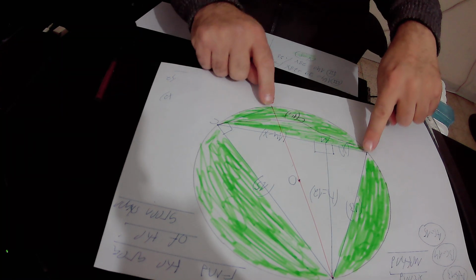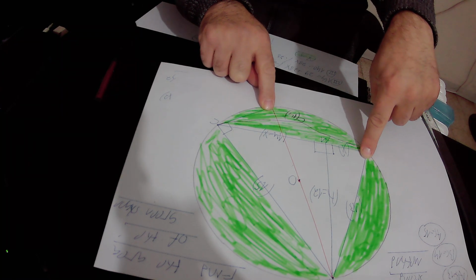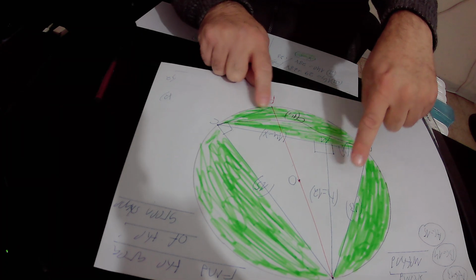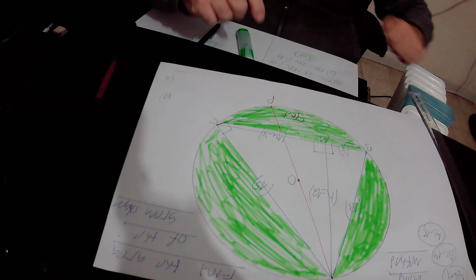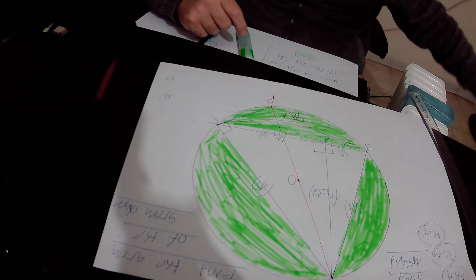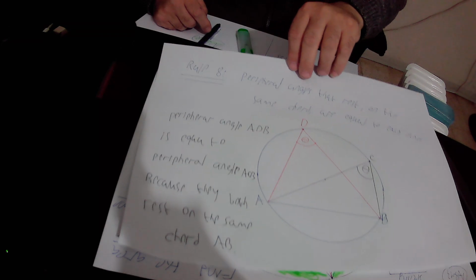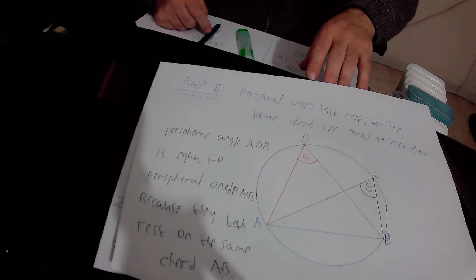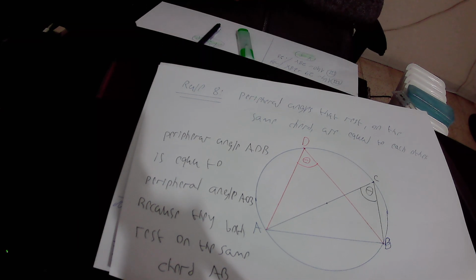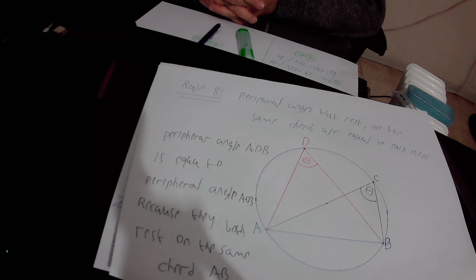So those two peripheral angles both rest on the same chord called AC. And we have here rule number 8 that relates to two peripheral angles that rest on the same chord. According to this rule number 8, peripheral angles that rest on the same chord are equal to each other.